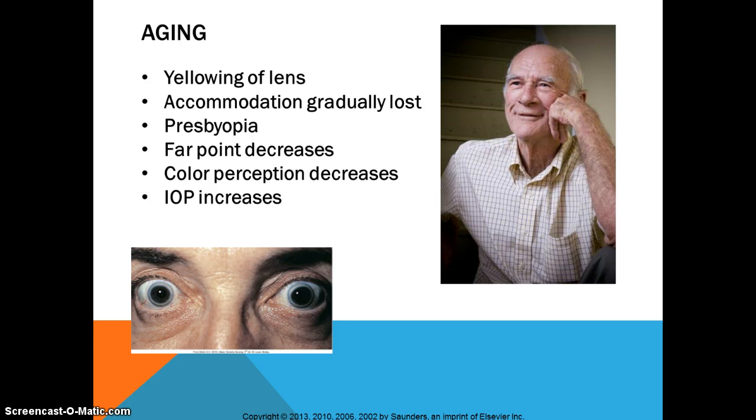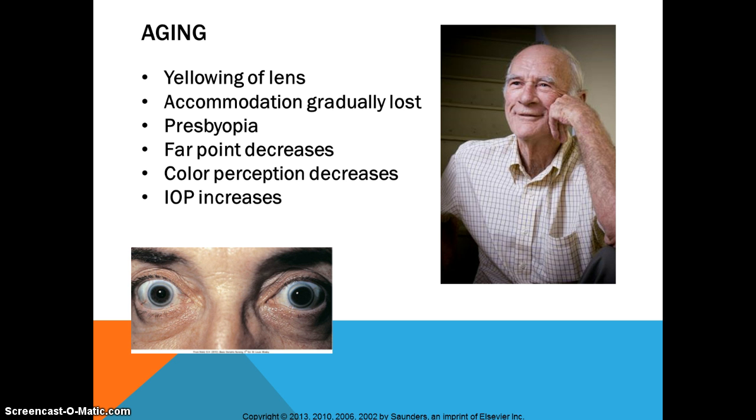The lens yellows with aging, reducing the ability of the eye to transmit and focus light. Arcus cinereus is an opaque bluish-white ring within the outer edge of the cornea. It is caused by fat deposits. And although very common, this change does not affect vision, and you can see that in this picture on the left-hand side of the screen.